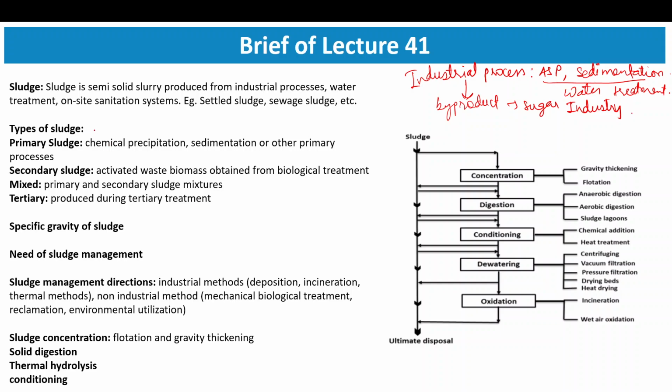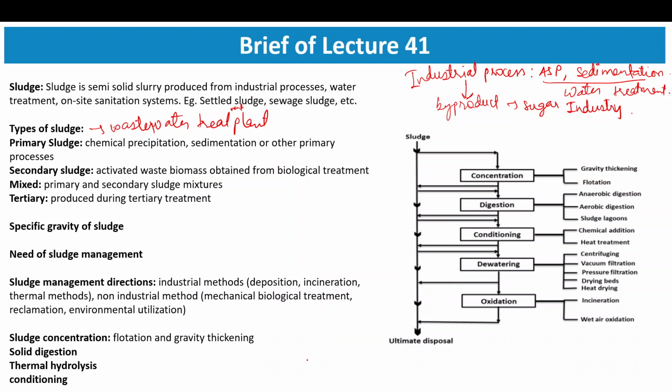These types of sludge are usually generated, and this pertains specifically to the water treatment plant, right? So first is the primary sludge. Now, in the earlier class, I had mentioned that there are two types of sedimentation processes.